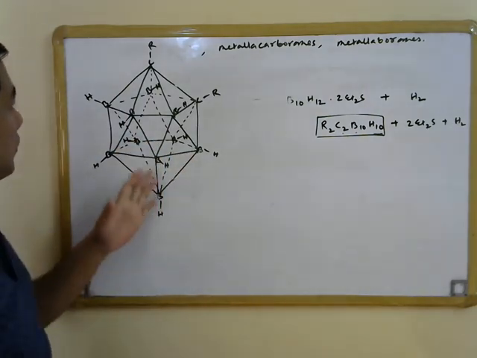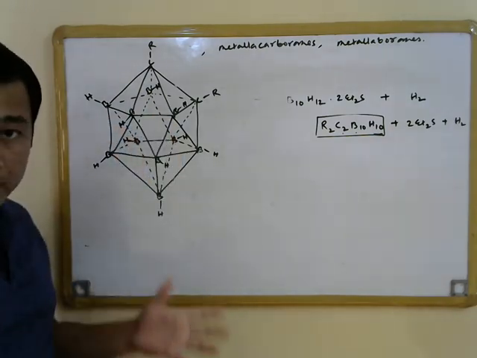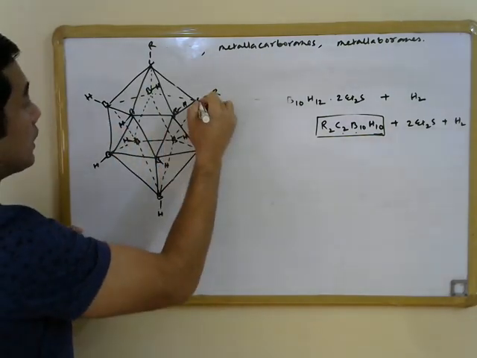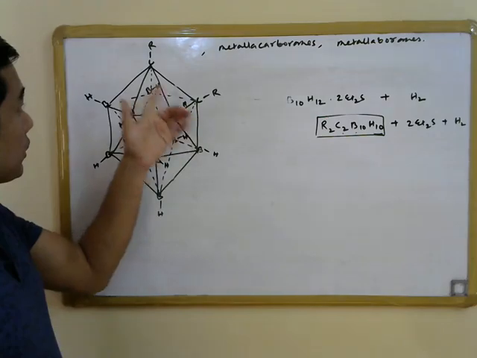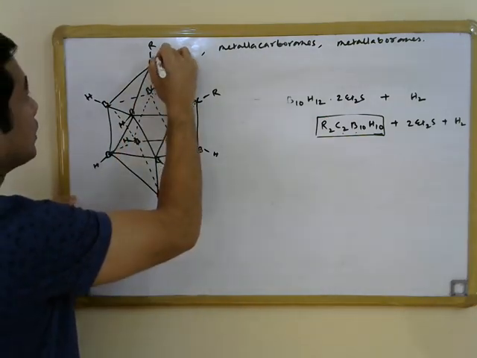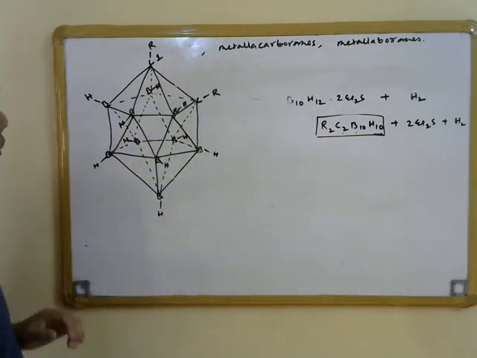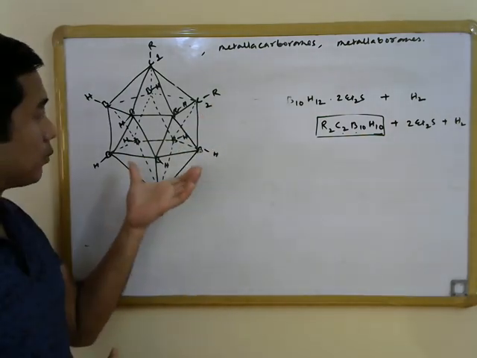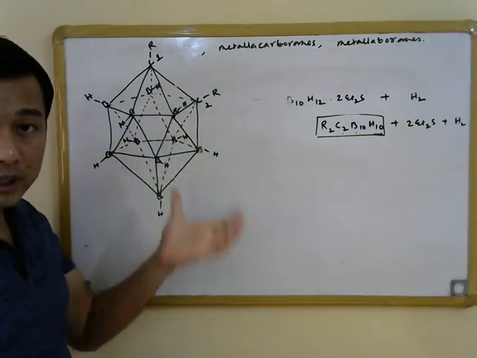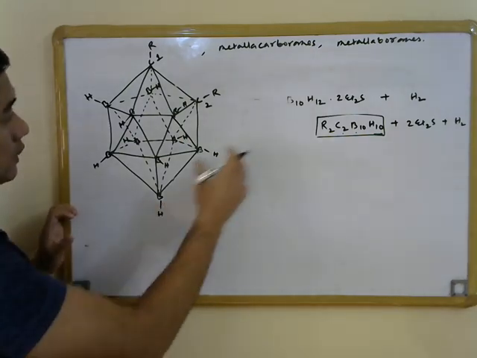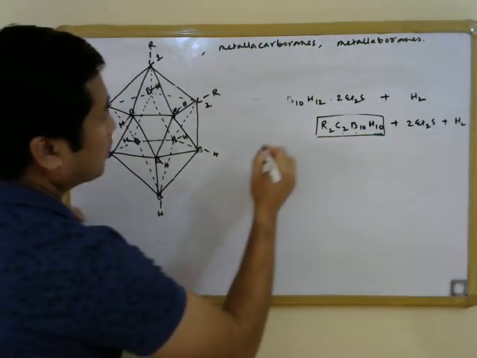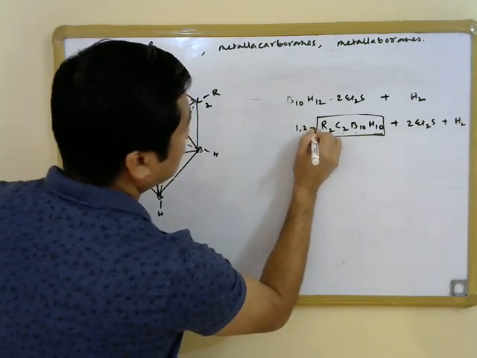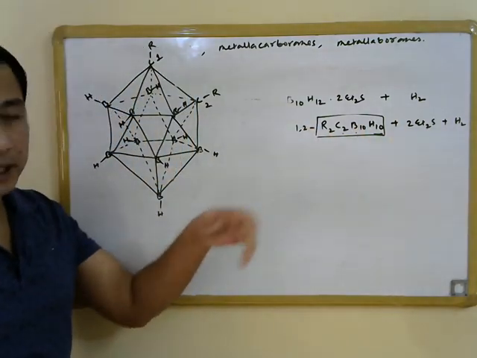Now in this dodecahedral structure, the two carbon centers we see are occupying adjacent positions in this way, and if we assign this to be position 1, then this is going to be position 2, and this particular compound we can call the 1,2 isomer of this carborane, which we write as 1,2-R2C2B10H10.